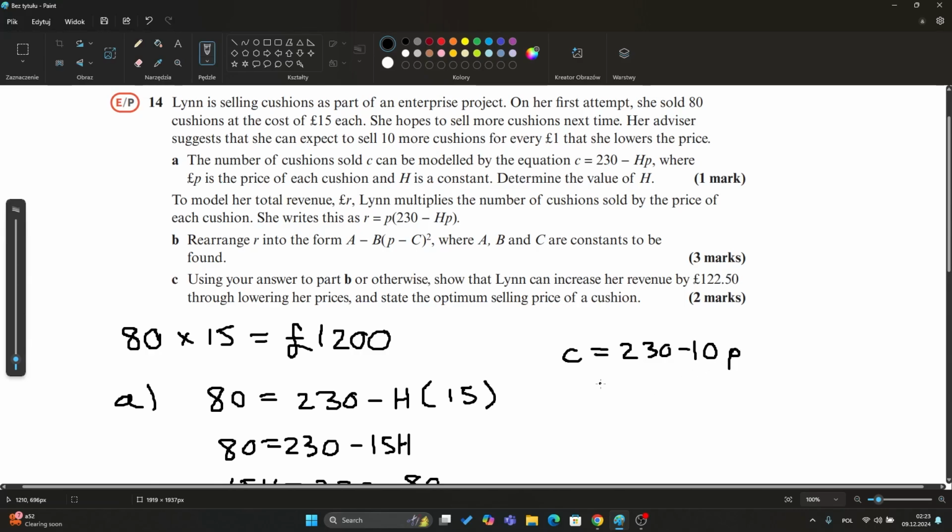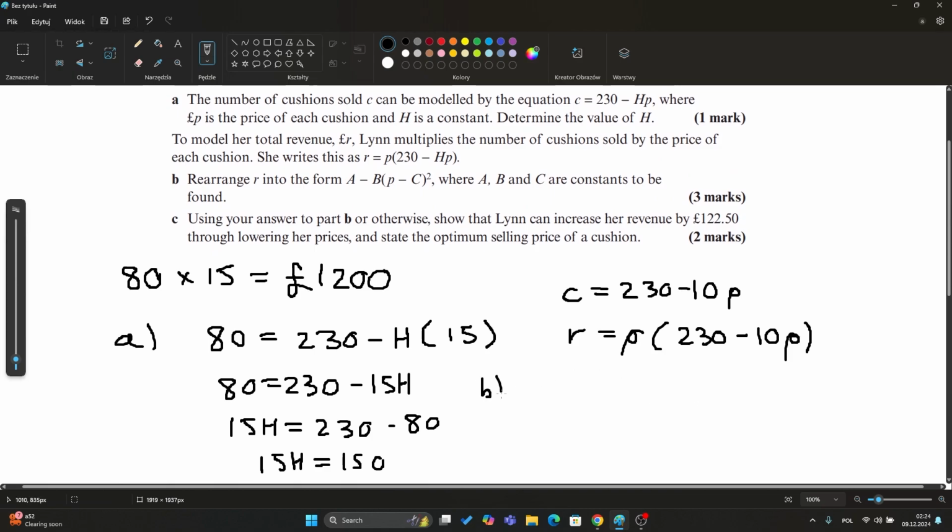Now, to model her total revenue, R, Lynn multiplies the number of cushions sold by the price of each cushion. She writes this as R equals P times (230 minus HP), so in the form R equals P times (230 minus 10P).